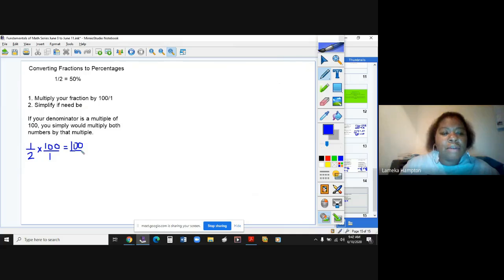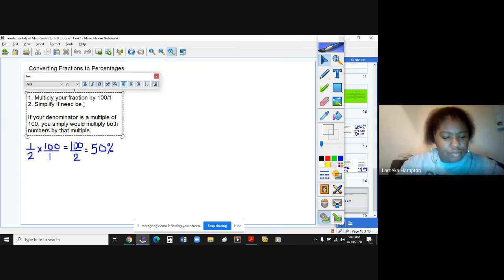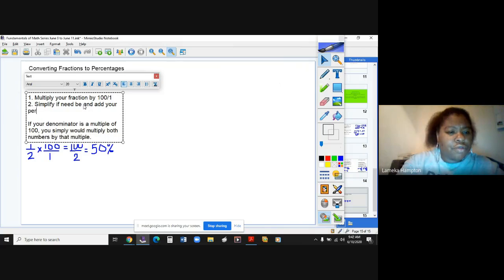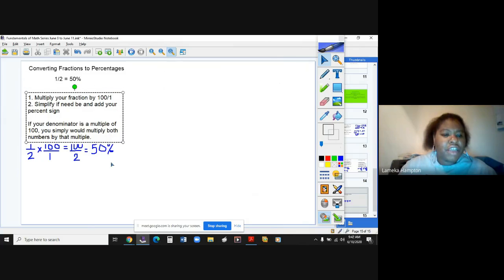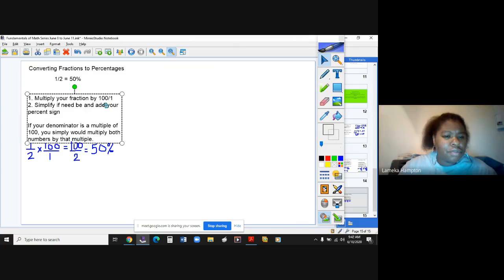We multiply the bottom numbers together. And then we simplify. Oh, and don't forget to add your percent sign. It's very important. Always want to add your percent sign.